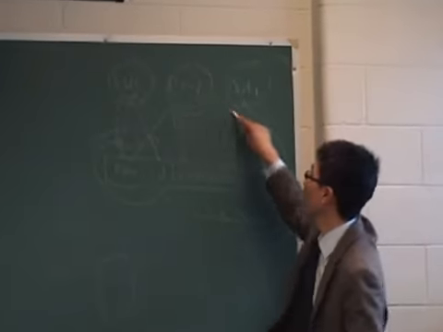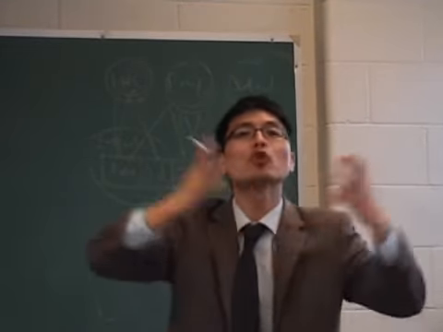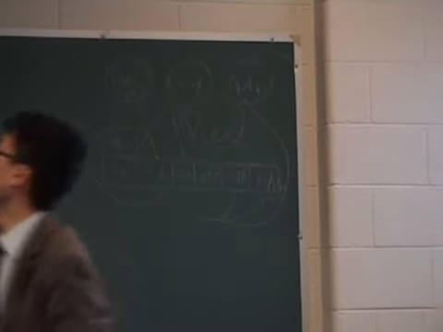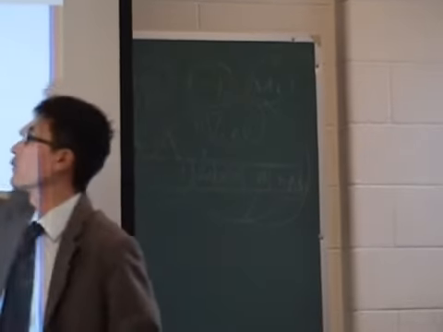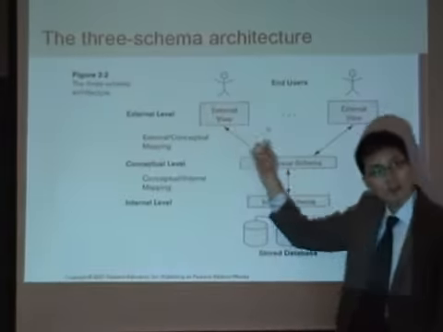So by creating views, one conceptual model can be viewed in many different ways. That is called an external view. We have only one conceptual schema, but it has many different views.